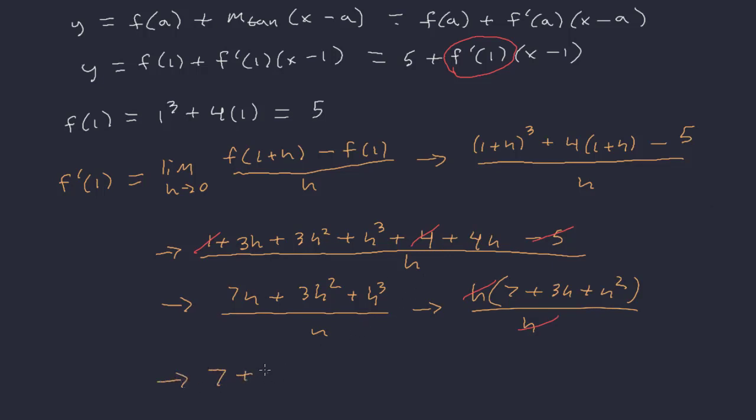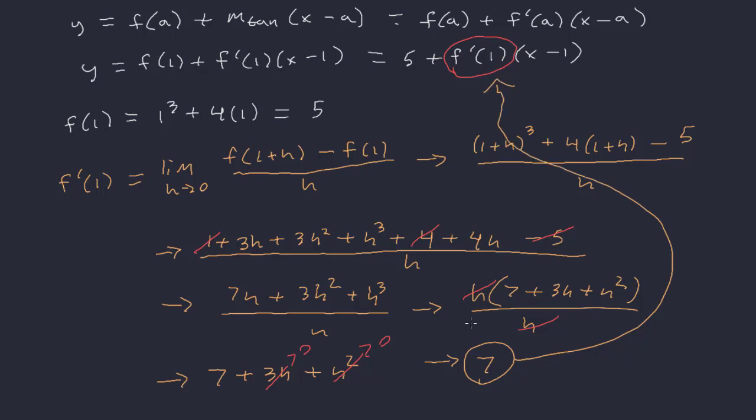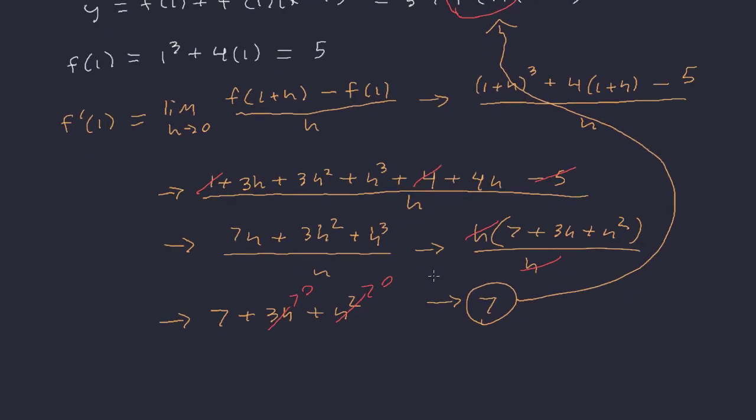So we're going to get 7 plus 3h plus h squared, and the h terms go to 0, and so we end up with 7. And that's going to finish off our equation. The equation of our tangent line is going to be y equals 5 plus 7 times x minus 1.